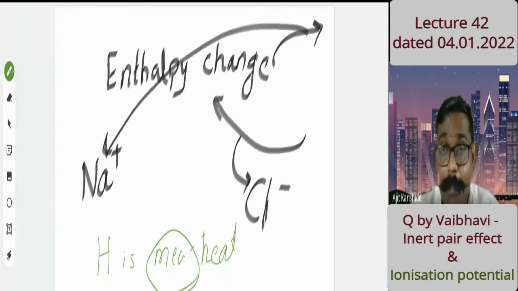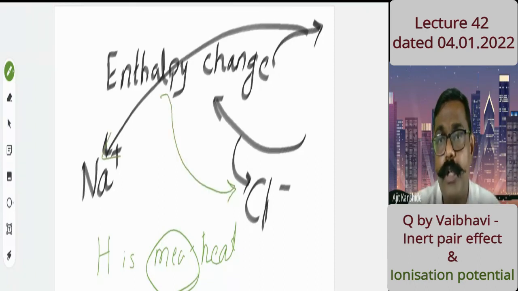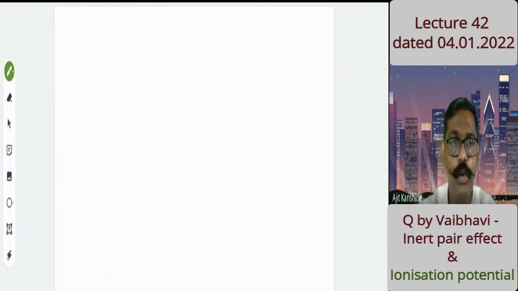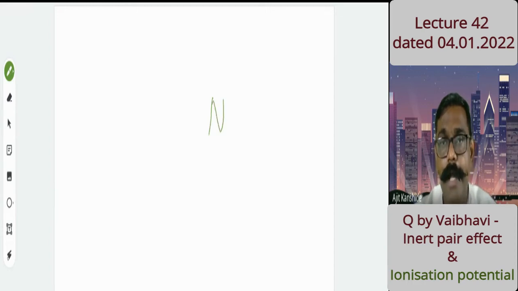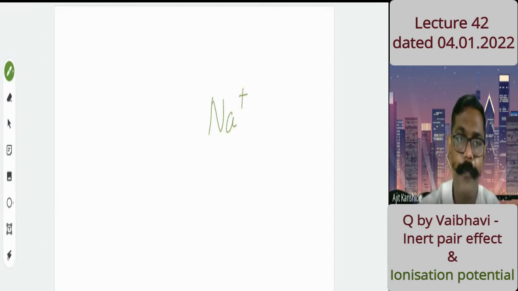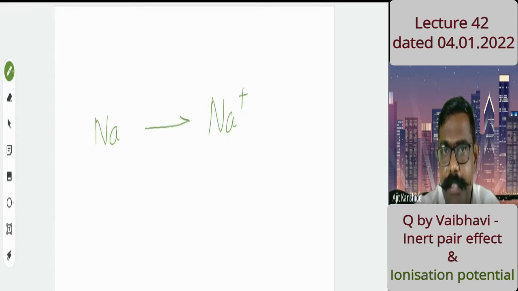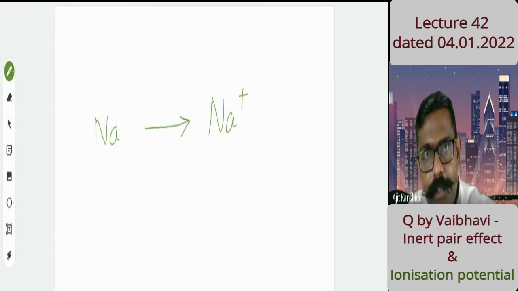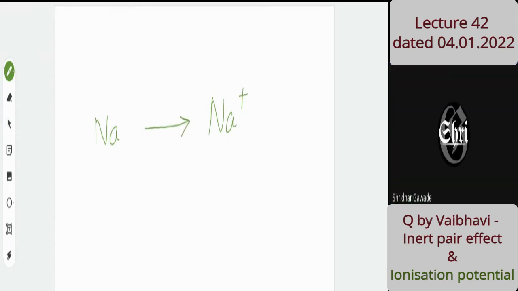So an enthalpy change remains during ionization to form a positive ion, and an enthalpy change remains during the formation of a negative ion, during the gain of the electron. Now I want to know the answer from you. If I have to obtain a positive ion, say Na plus from Na, just tell me, do I need to provide energy or will energy come out?